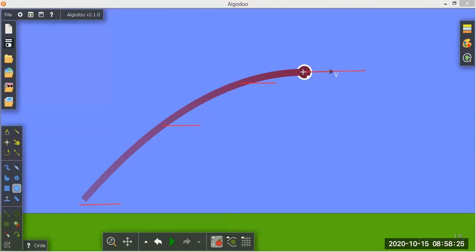I'm drawing a horizontal line because this snaps to the horizontal line. See, this has become horizontal. So you know what point this is? This is actually where it has achieved the maximum height, h.